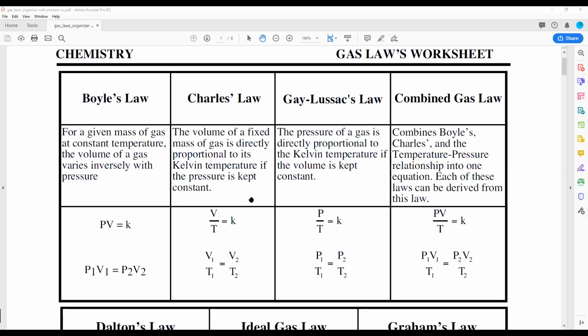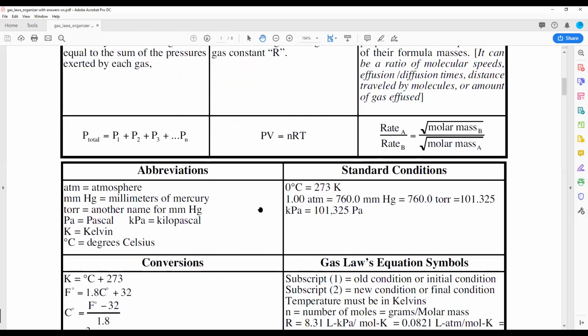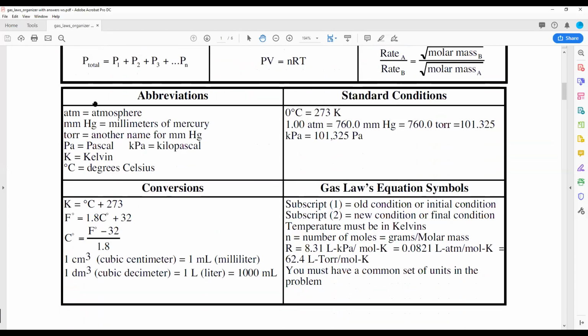Again, if you go back into our organizer here, you can see I have Boyle's, Charles', Gay-Lussac's, combined, and Dalton's law. If you go all the way down here, you can see I've also placed abbreviations and what standard conditions are: 0 degrees Celsius, which is 273 Kelvin, and 1 atmosphere. Those standard conditions also contain the conversion factors.